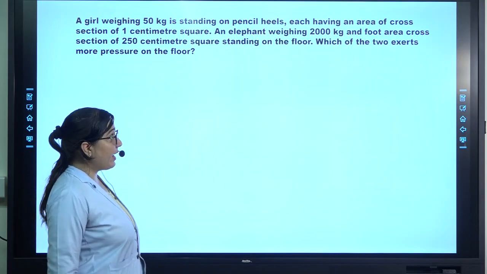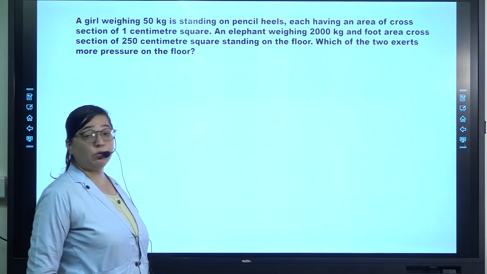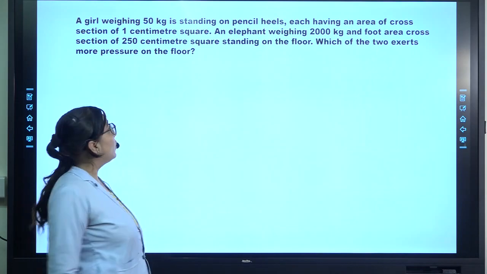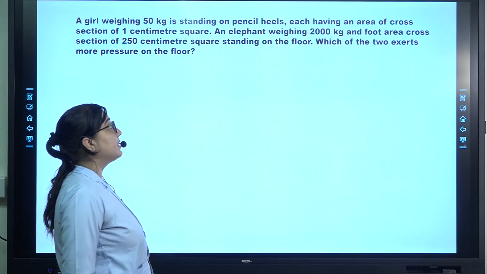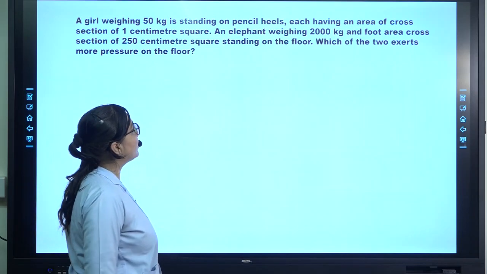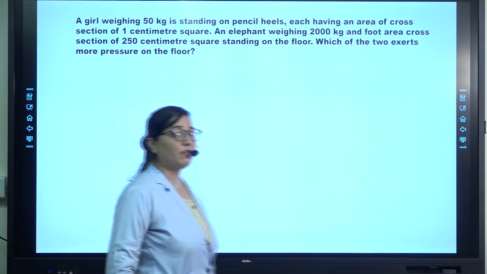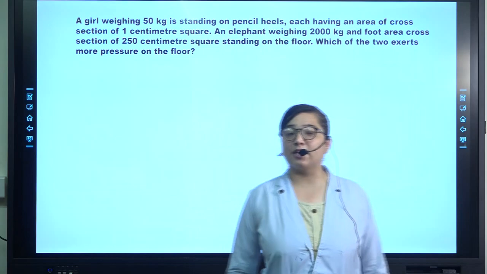Second, an elephant weighing 2000 kg with a foot area of cross section of about 250 centimeters square is standing on the floor. Which of these two will exert more pressure on the floor? That is what is asked to us.